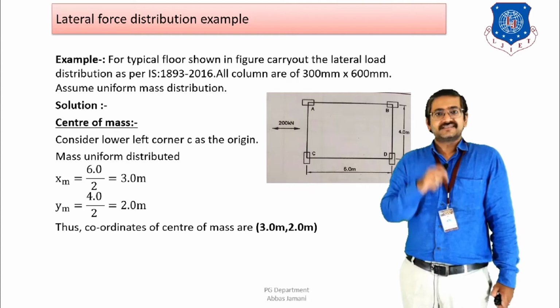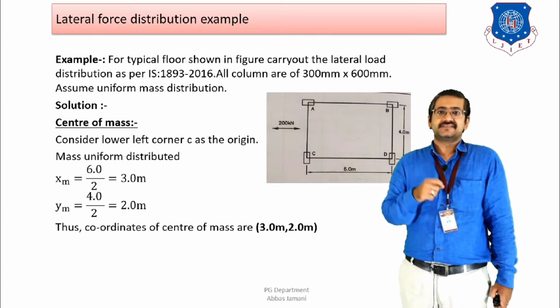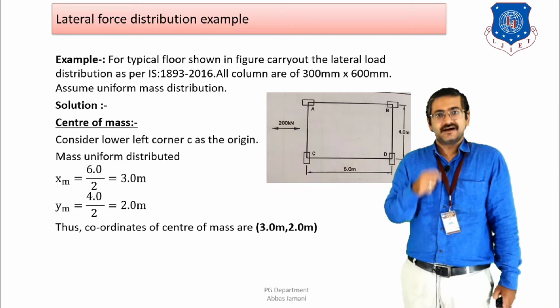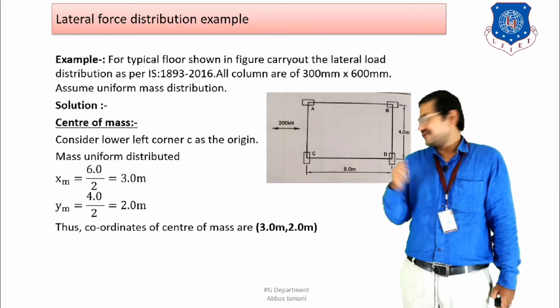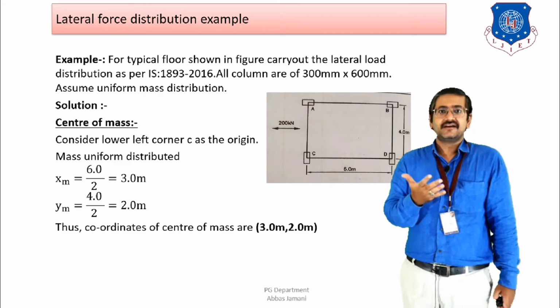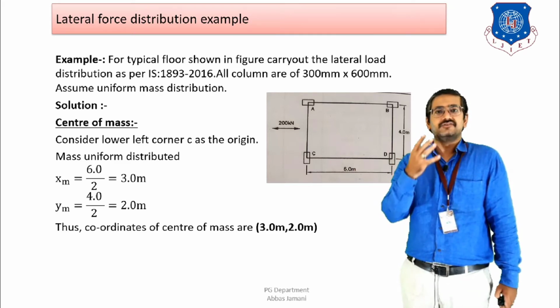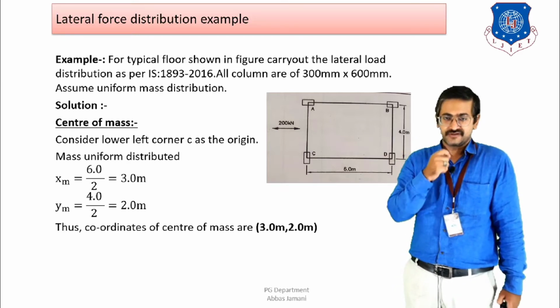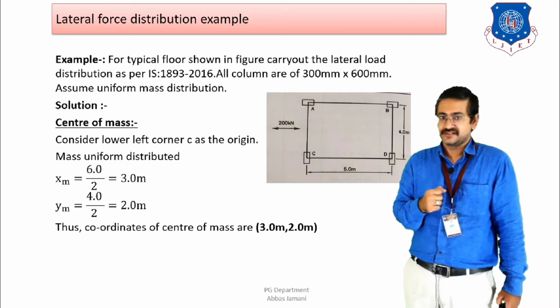Once the center of mass is calculated, the next step is the calculation of center of stiffness. Center of stiffness calculation again will be based on the orientation of the column, because this example is also going to give us an understanding of how the orientation of the column plays an important role in carrying the lateral forces. That has to be kept in mind throughout this example.